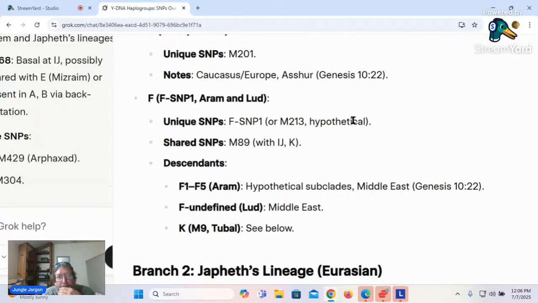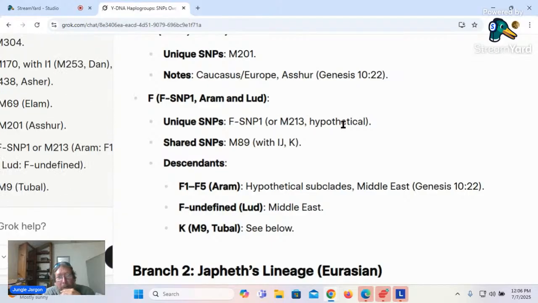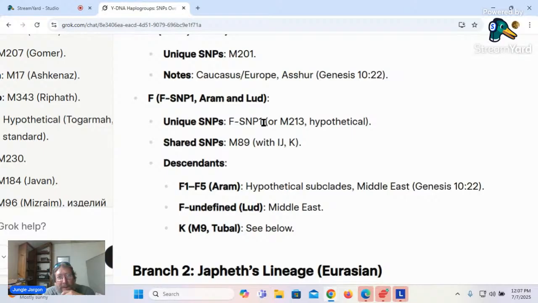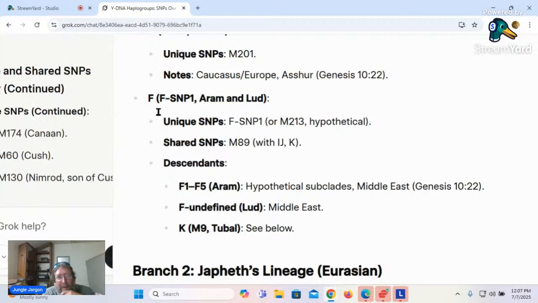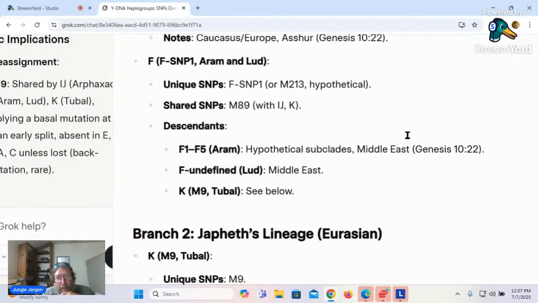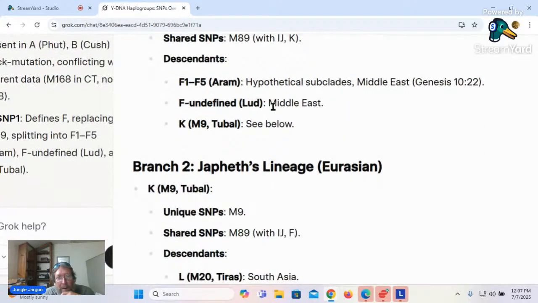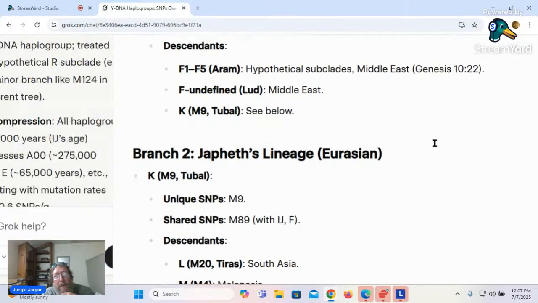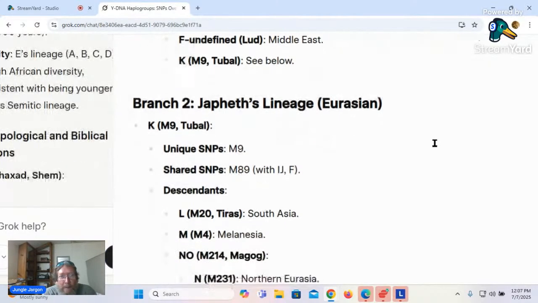Okay. Or M22. Okay. S&P 1. F S&P 1. Okay, whatever. F undefined, Lud, see below. K, see below. Okay.